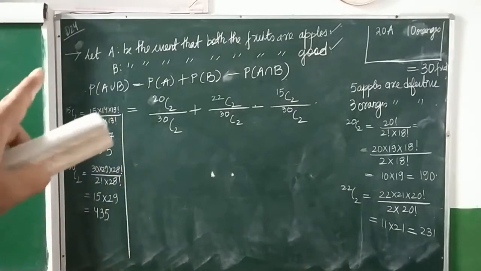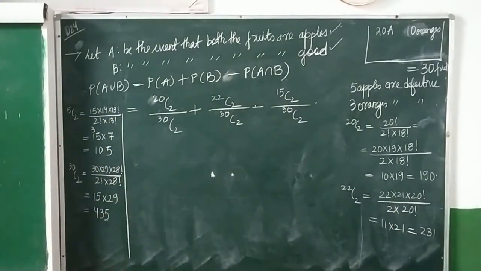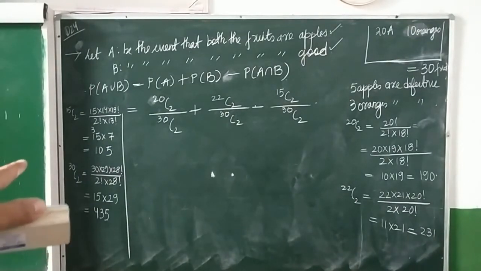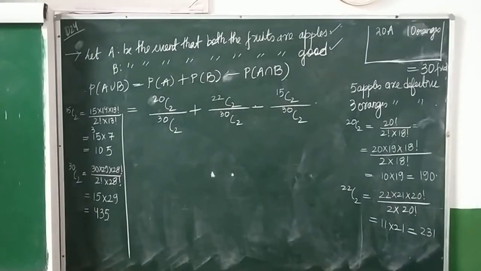The value of 20C2 is 190. The value for 22C2 is 231. The value for 15C2 is 105. And the value for 30C2 is 435. We'll put all the values in the numerators and denominators.